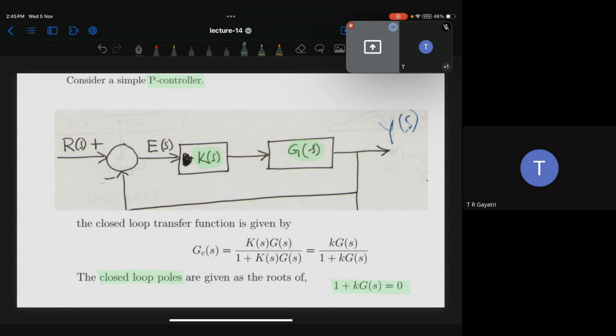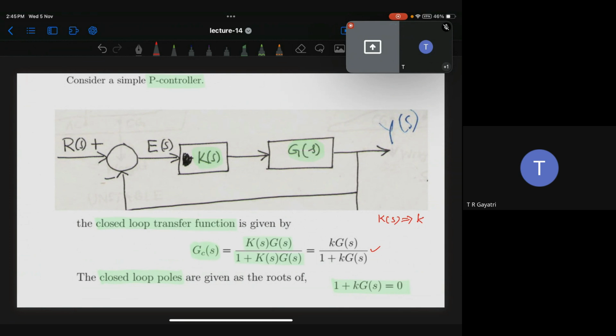We know how to calculate the closed loop transfer function, that is KG divided by 1 plus KG, which we know already. Let us say the controller K(s) is a proportional gain, which means we'll have only k. Substitute k here, so KG by 1 plus KG, where G is G(s).